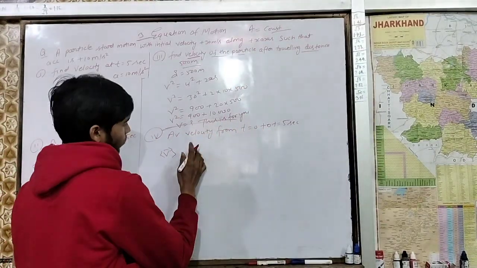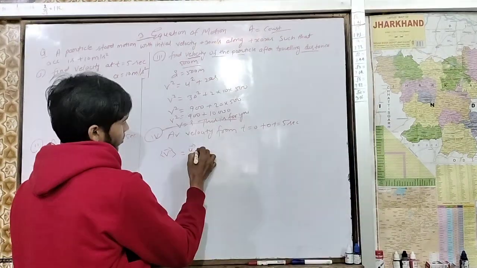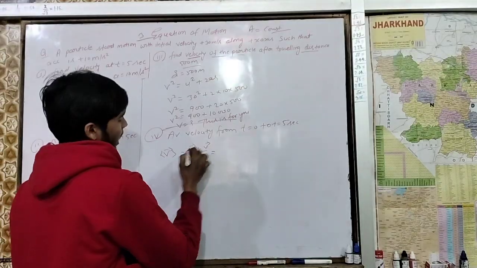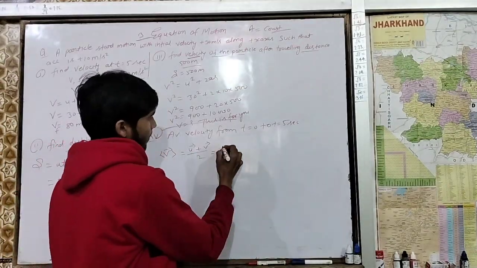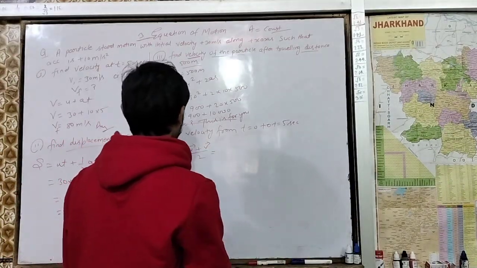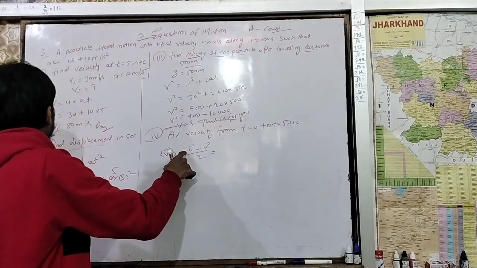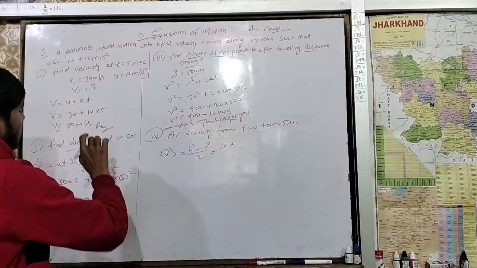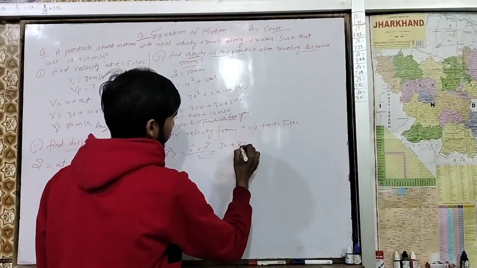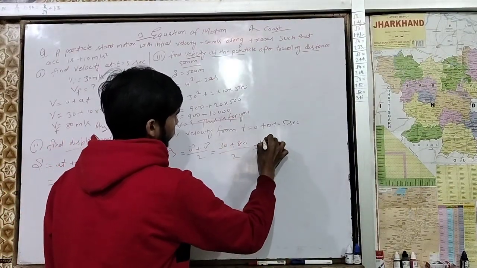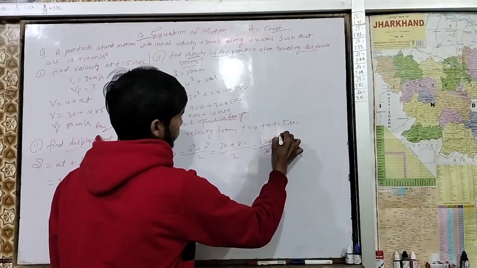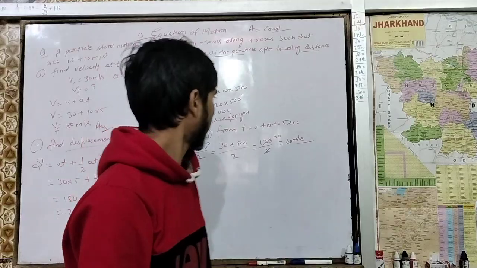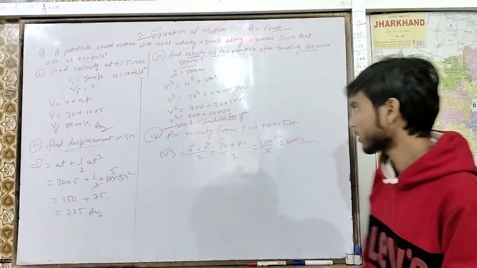So what is it? u plus v upon 2. This can be written as u is 30, plus v is 80, upon 2. You will get 120 upon 2, which is 60 meter per second. This is the average velocity.